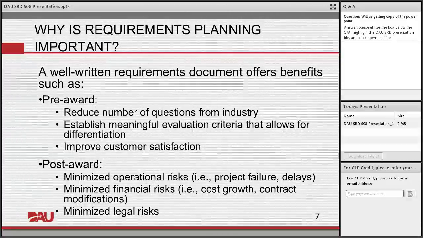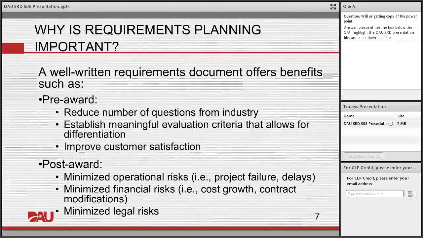We're going to, in turn, be able to issue that RFP a lot sooner, and we should benefit by getting better proposals that will answer the mail. By answer the mail, they will address what we have outlined as evaluation criteria in Section M of the RFP. If all of that happens, our number one goal is a happy, satisfied customer.